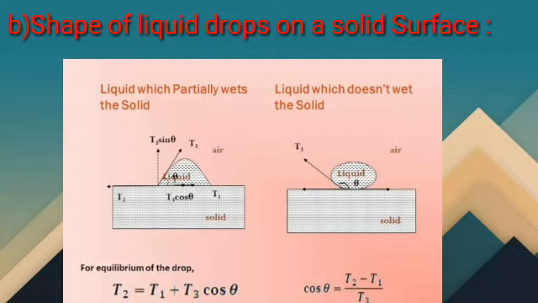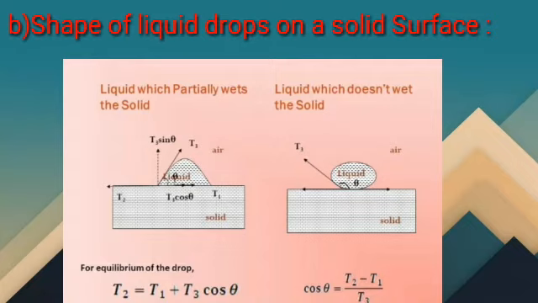T1 is the force due to surface tension at the liquid-solid interface, T2 is the force due to surface tension at the air-solid interface, and T3 is the force due to surface tension at the air-liquid interface.